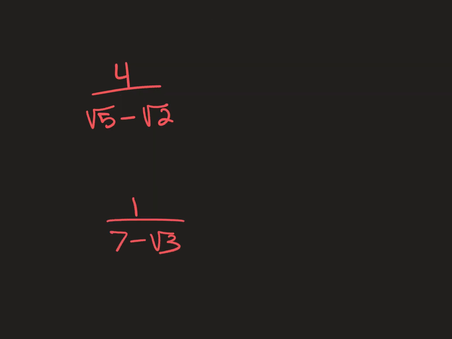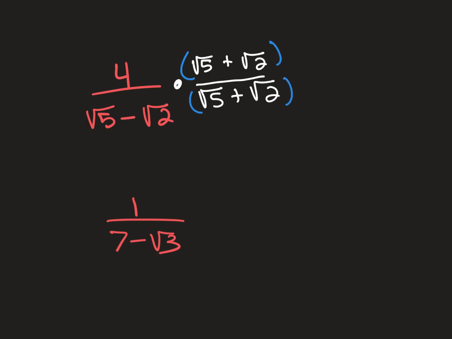Let's look at a few more. For the top one, again, gotta multiply by that conjugate. So I have the square root of 5 plus the square root of 2. And we're going to do that at the top and the bottom, using parentheses to show my multiplication. I'm going to distribute the 4.